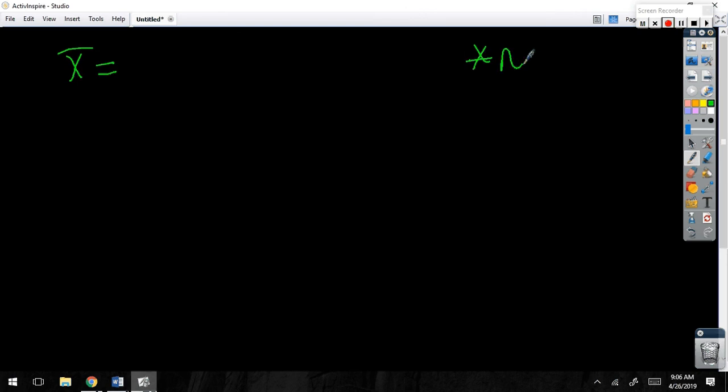That's the key, they have to say normally distributed, with a mean of, let's say, 75 and a standard deviation of 7 points. That's a pretty big standard deviation. That's a pretty big spread.